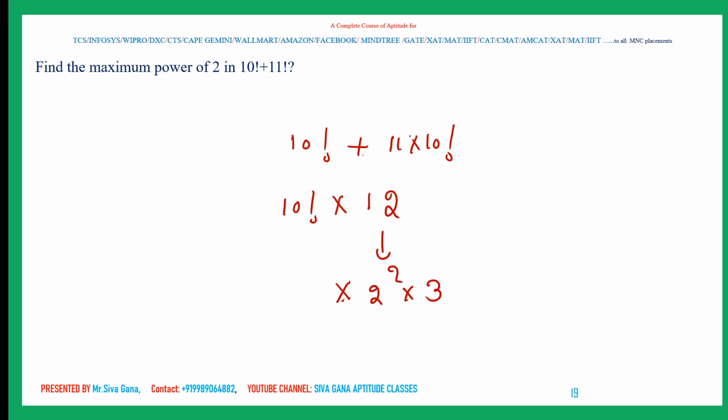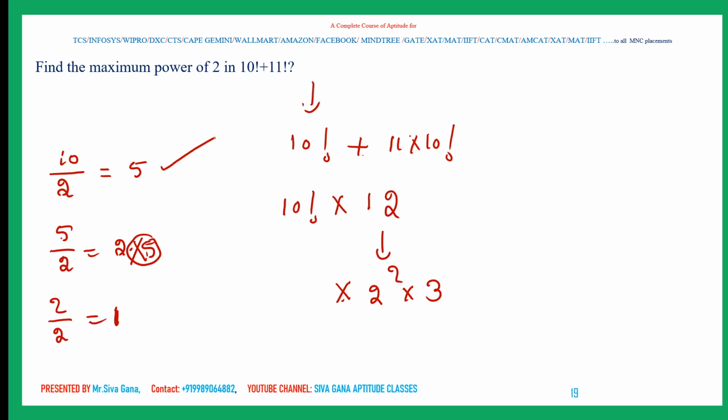Okay, now the maximum power of 2 in 10 factorial. 2 is a prime number. So 10 by 2 is 5. 5 by 2 is 2.5, neglect the decimal part. Now 2 by 2 is 1. The process stops. Maximum power of 2 in 10 factorial is 5 plus 2 plus 1, which is 8.